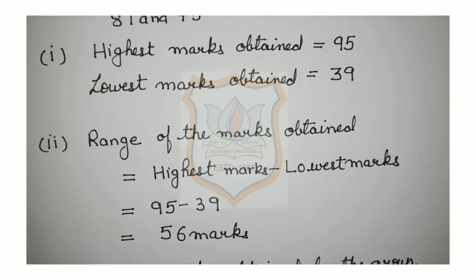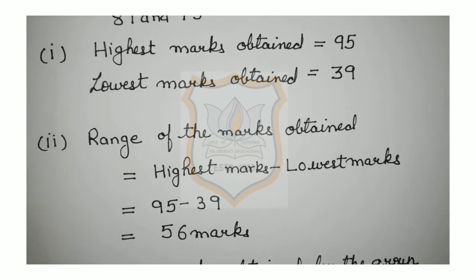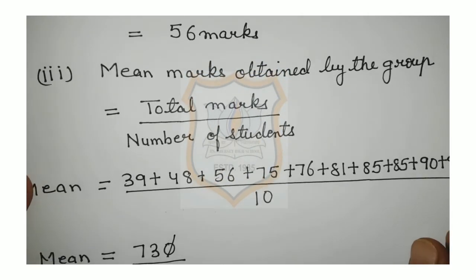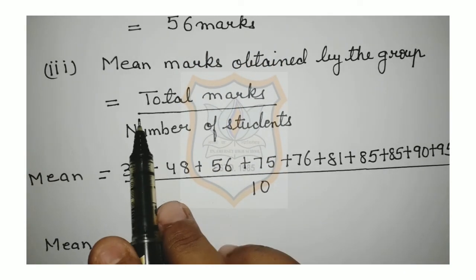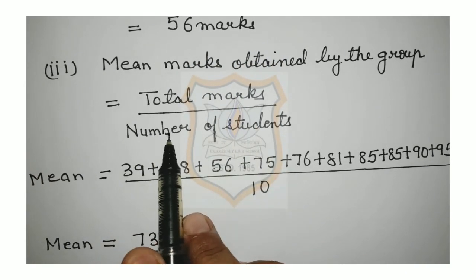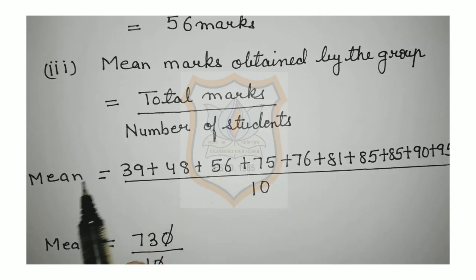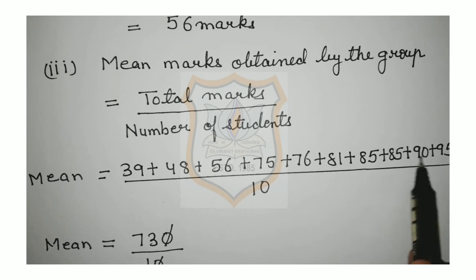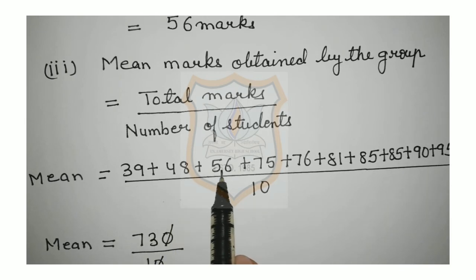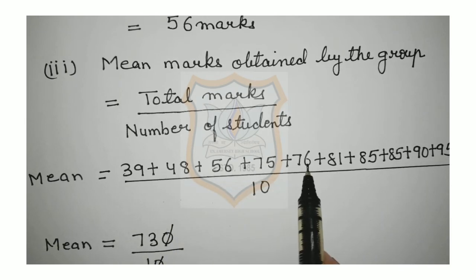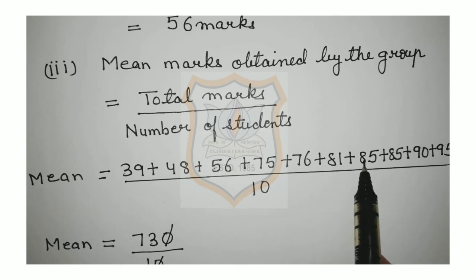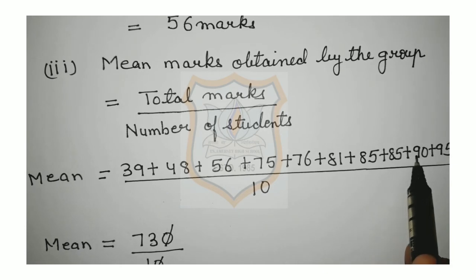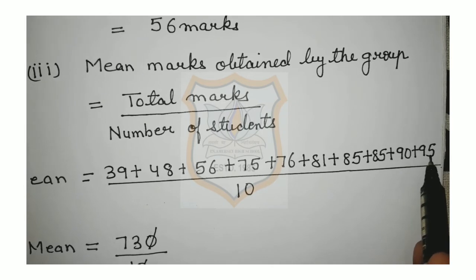Now in the third part, you have to calculate the mean marks obtained by the group. So let's calculate the mean marks obtained by the group. That is equal to total marks upon number of students. So total marks, we have to sum up all the marks obtained by the students, that is 39 plus 48 plus 56 plus 75 plus 76 plus 81 plus 85 plus 85 plus 90 and then plus 95.